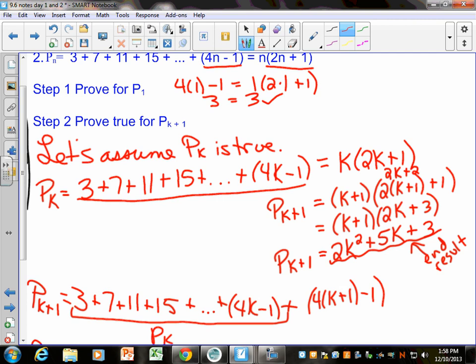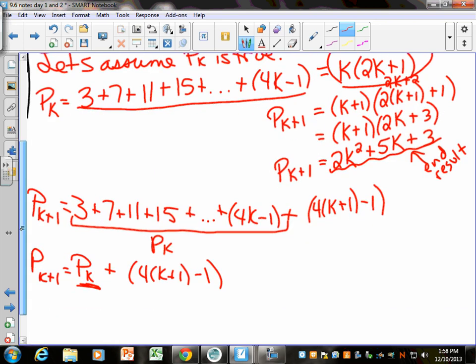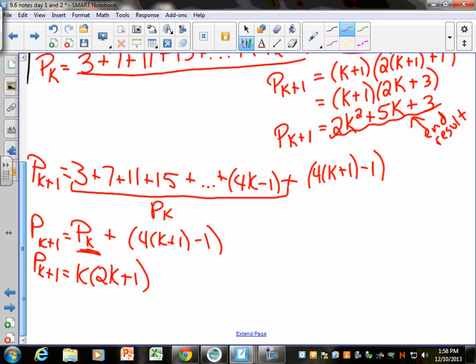It's why we assume that it's true. So if this, let's write this here, the sum of p sub k, you can plug that in for p sub k. So I can replace p sub k with k times 2k plus 1, because that's what it adds up to.